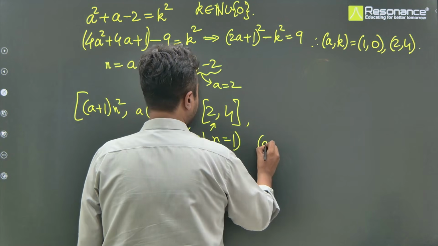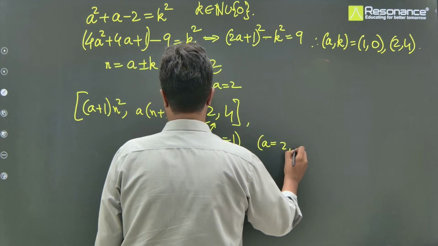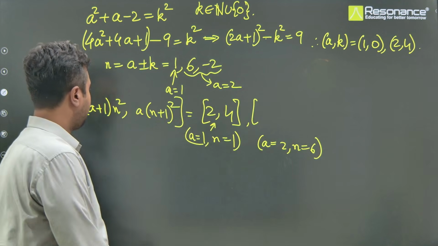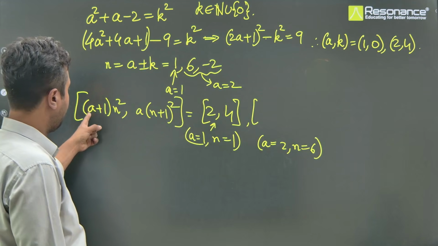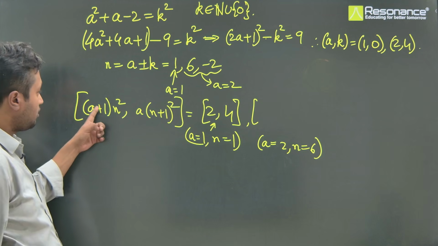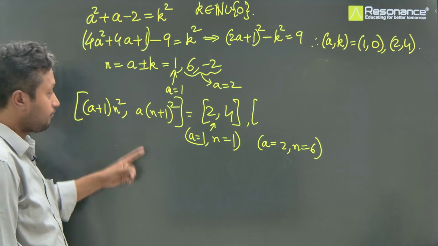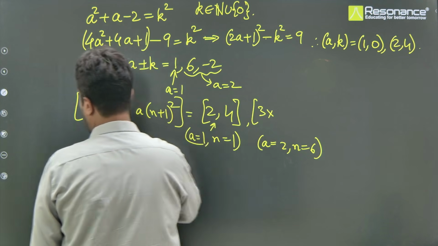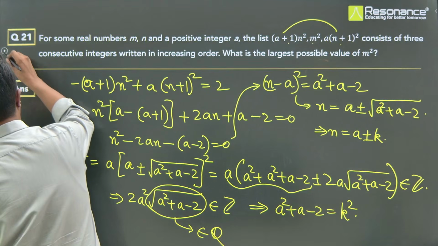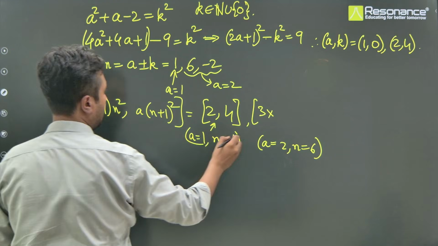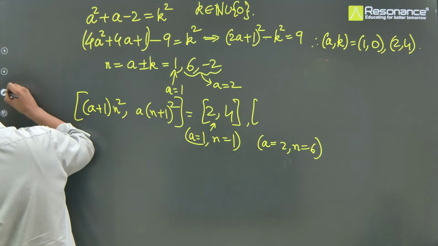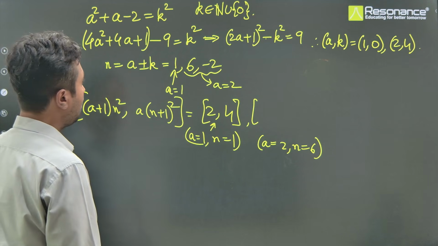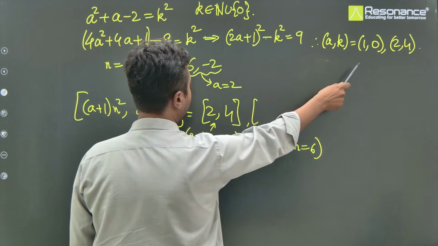Now the other case, a is equal to 2, n is equal to 6. Let's work that out. So a is 2 over there, so 3 into 6 square. Let me just quickly check if I got those numbers right.